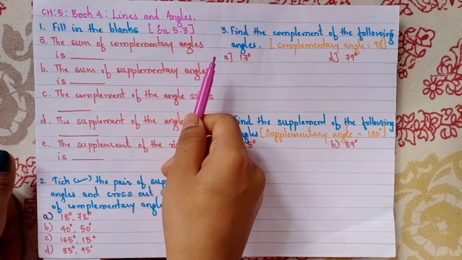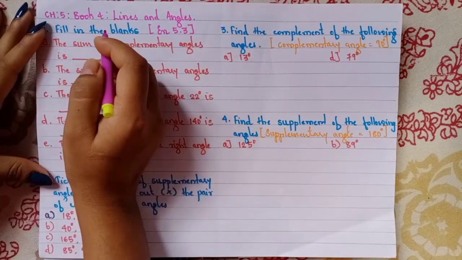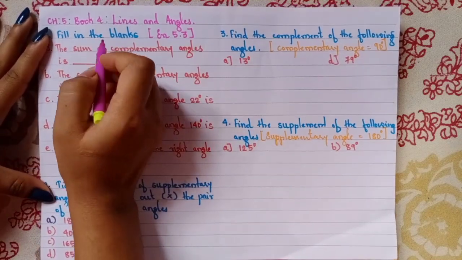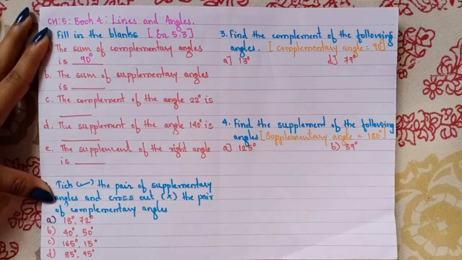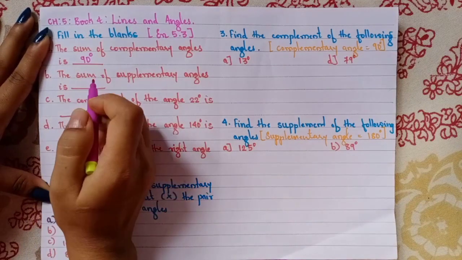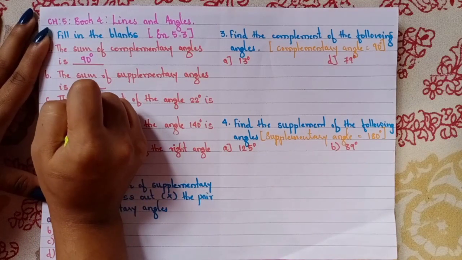The sum of complementary angles is dash. Right now we are seeing that the sum of complementary angles will be 90 degrees, so we have to write 90 degrees. The sum of supplementary angles will always be 180 degrees.